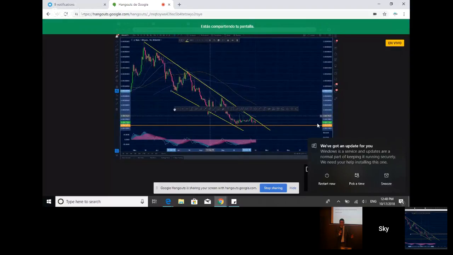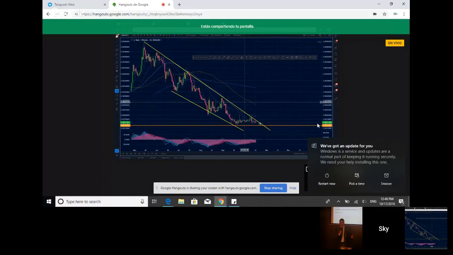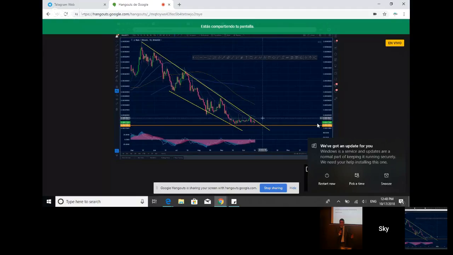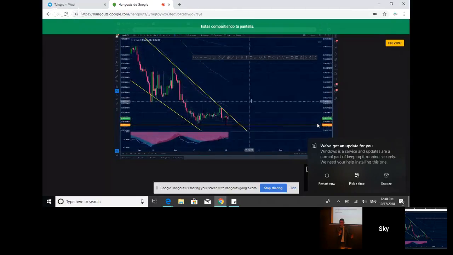This is not a very good strategy. So for now, price is still under this resistance, and it looks like an accumulation zone, moving in this zone for 1 month, maybe a bit bigger.